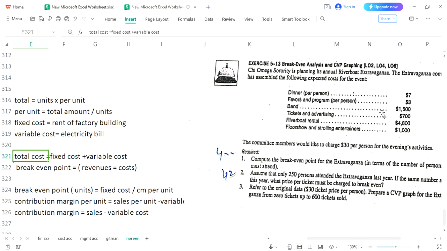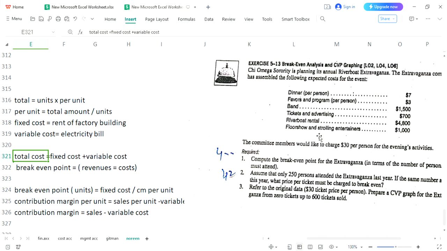Now let's say when tickets are printed and advertising material has been purchased, what will happen? It doesn't matter whether 100 or 200 are coming, this cost would not change. When this cost does not change, it is again fixed cost. Then riverboat rentals, they might be entertaining their audience by providing a riverboat. Their rental is 4,800, which is fixed.